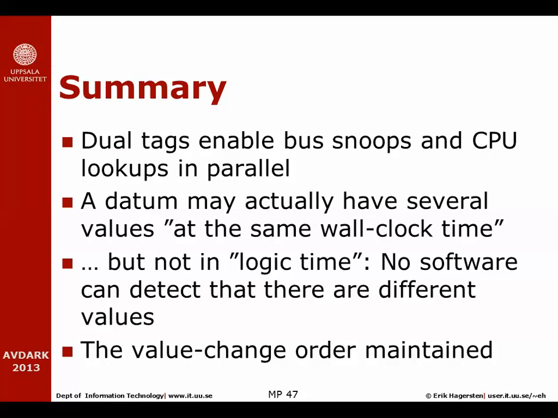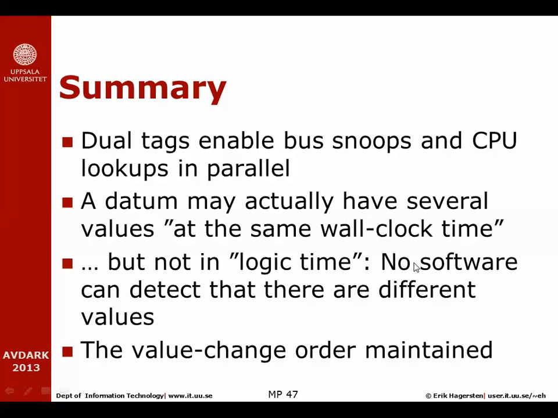So in summary, dual tag is an implementation technique that enables bus snoops to happen at the same time as CPU lookup. So you can have a quite heavily contended snoop bus, and you can still allow CPUs to make quite a lot of progress while you're handling all those snoops. We noticed that the data may actually have several values at the same wall clock time, but in logic time, it can't.